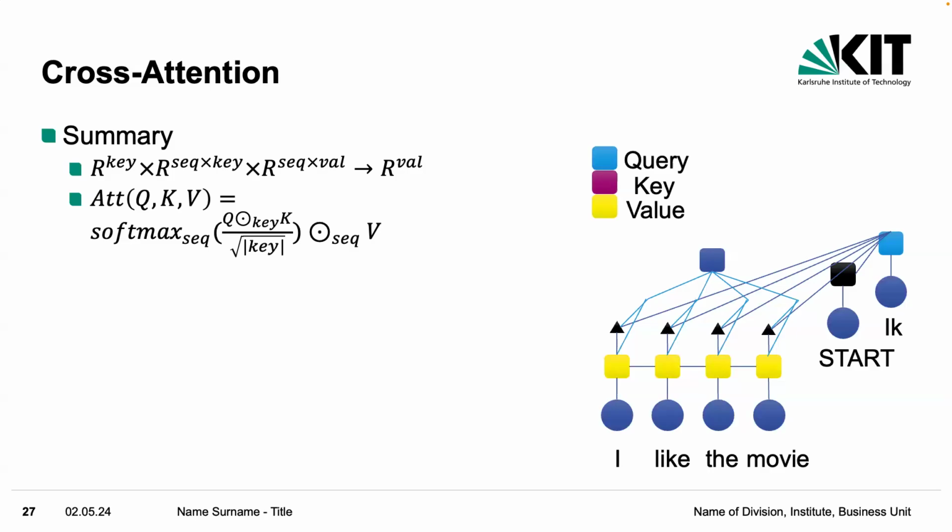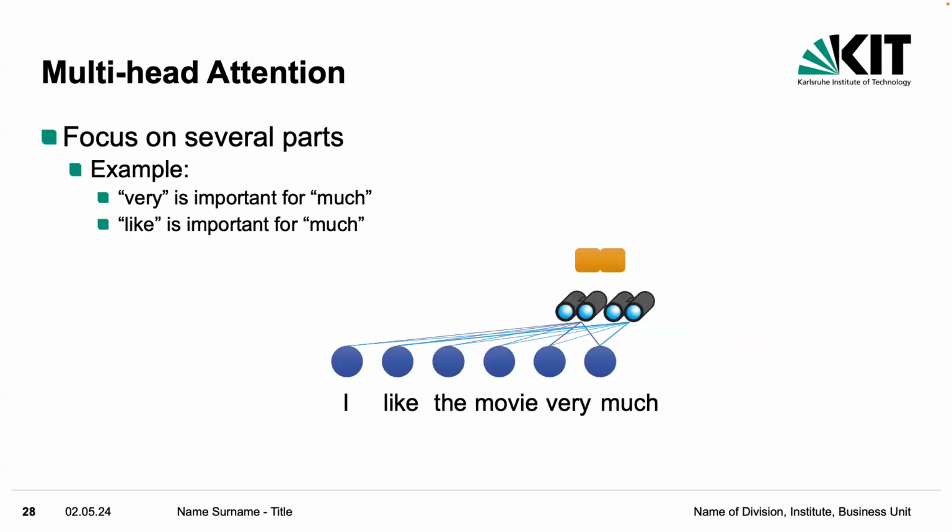Good. So this is the basic transformer. Now we'll come to one typical extension, which is multi-head attention. The idea is that we now have the ability to focus on different parts, but sometimes, in order to understand something, it's good to focus on one part and also on something else.